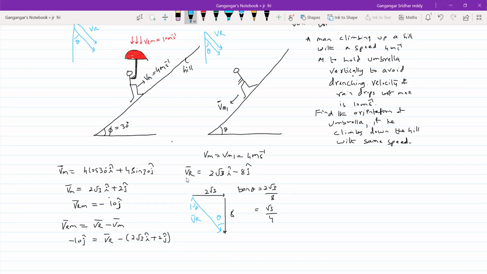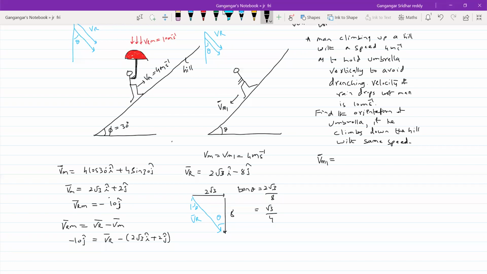Yes, sir. This is VR bar. So first we'll define VM1 bar. If you are able to view this clearly in mobile, then I'll continue with this particular size. Clear, sir. Yeah, then VM1 bar.